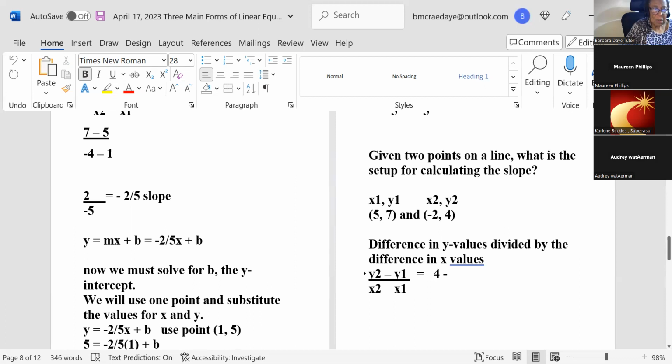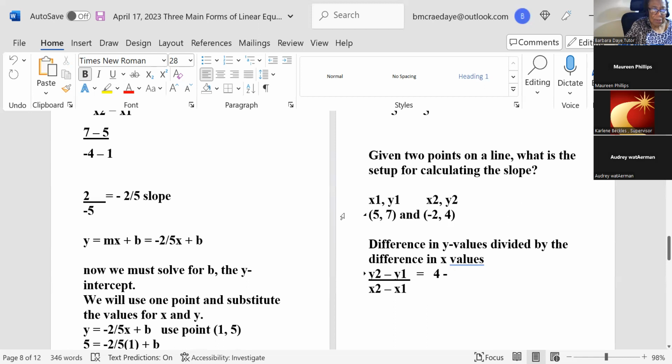Look here, Audrey, with the 5 and the 7. Look here. What do you see up here? I labeled them for you. Y2 is 4, like Maureen said. What's Y1, Audrey? Audrey, what is Y1? You see it?